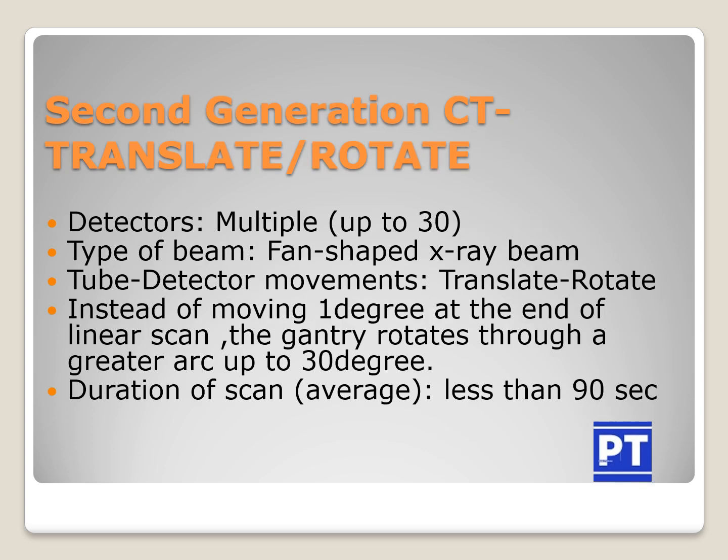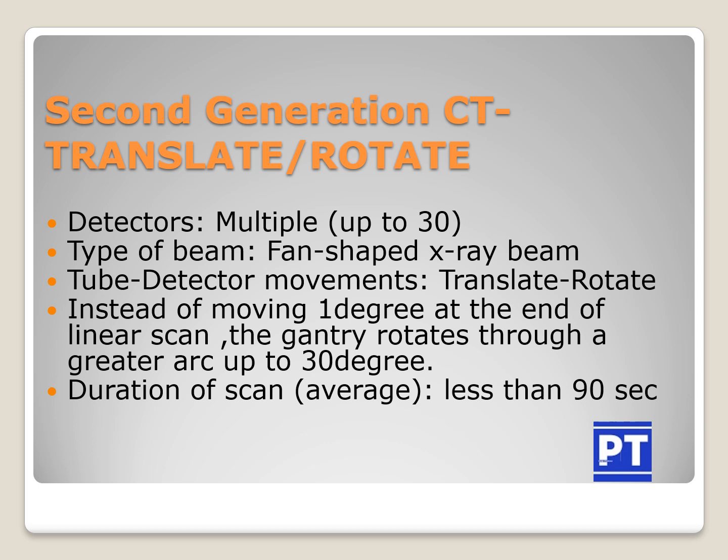Moving on to the second generation CT, it is also known as translate-rotate, the same name as the first generation CT, but it is different since the single detector has increased to multiple, up to 30 detectors.